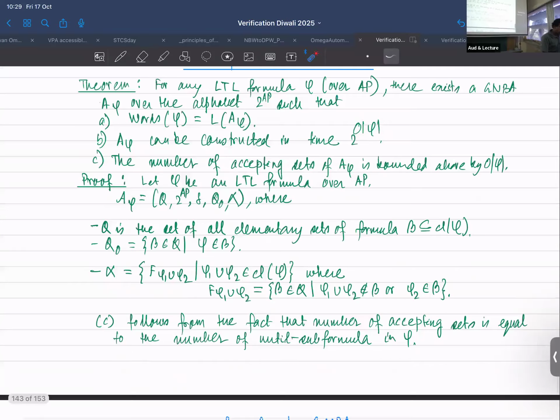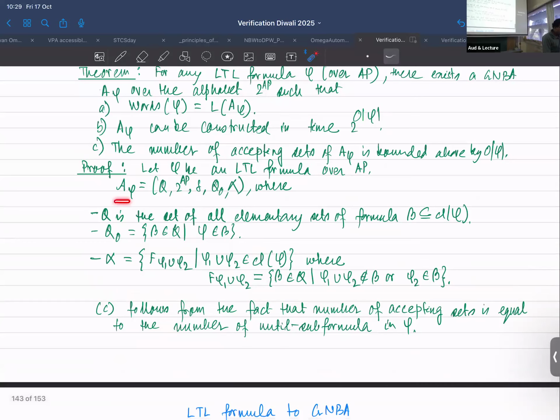Okay, so here is the automaton A5. Q, then this is the alphabet, the transition function, the initial set of states, and then we have the set of accepting states, where Q is the set of all elementary sets of formulas, right?